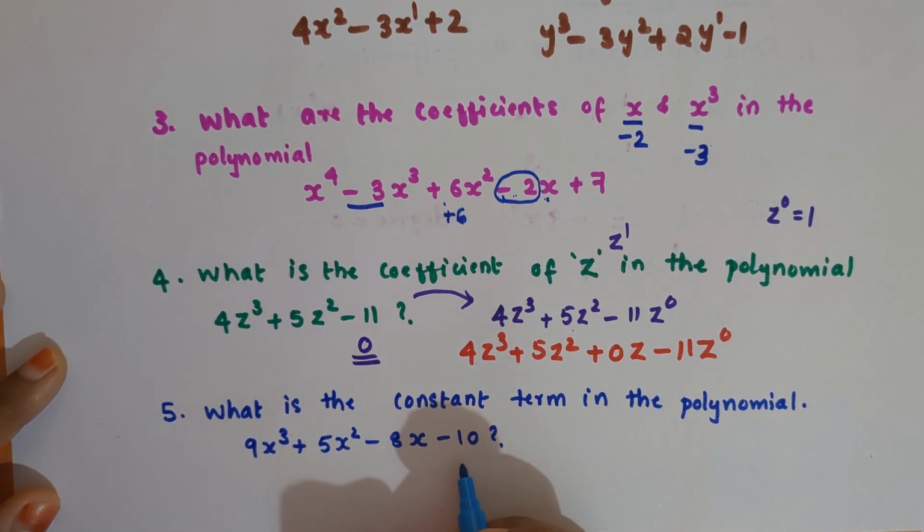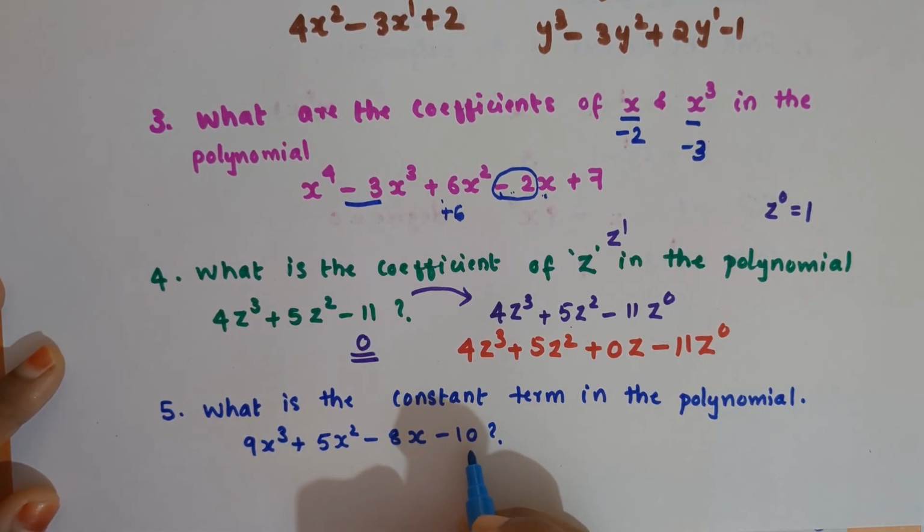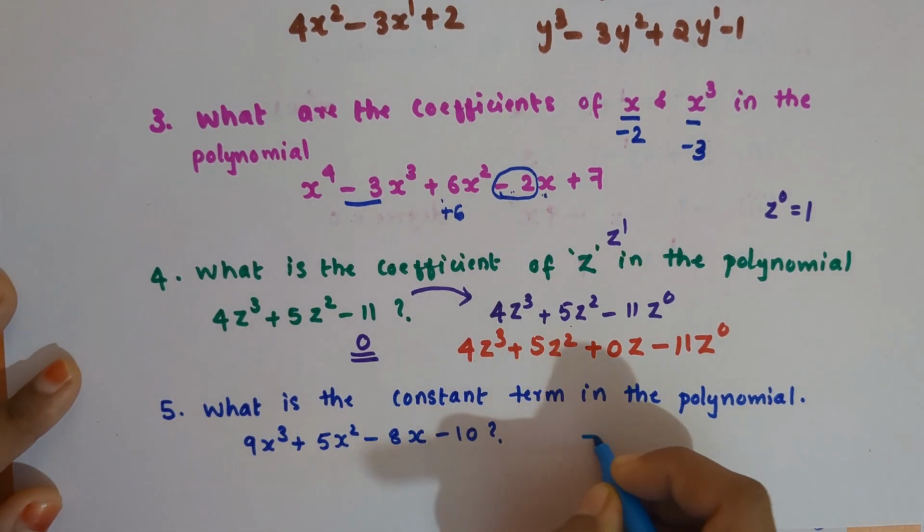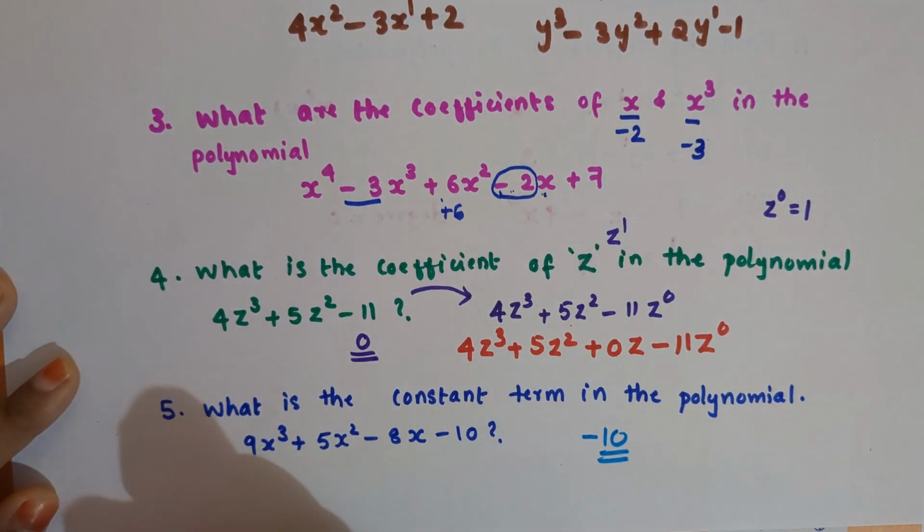This minus 10 can be written as minus 10 into x raised to 0, but actually there is no variable associated with this minus 10. So the term which does not involve any variable here is minus 10. So minus 10 is the constant term here.